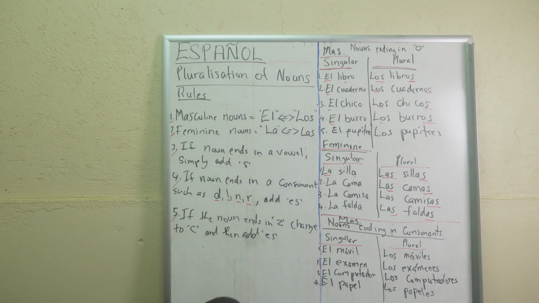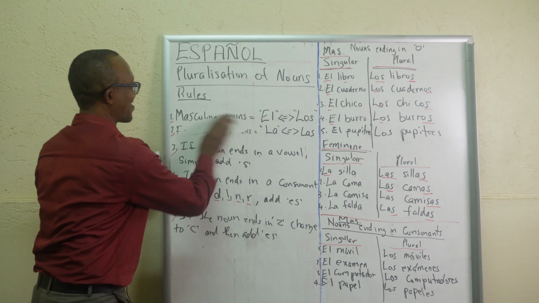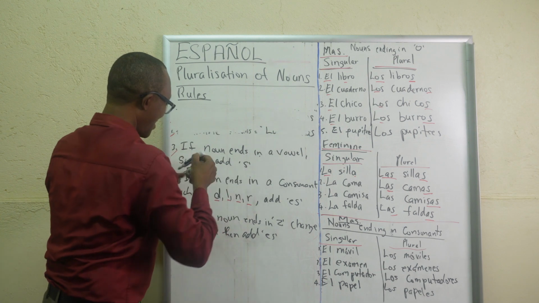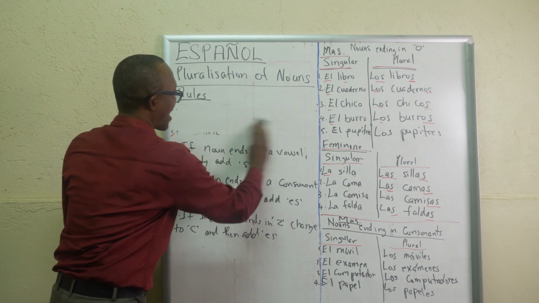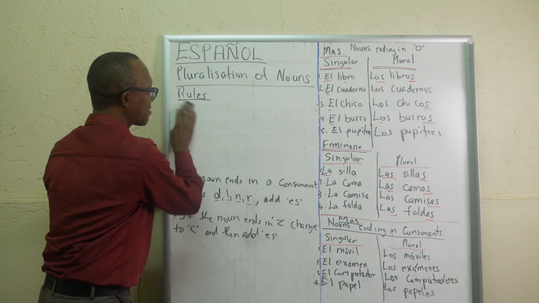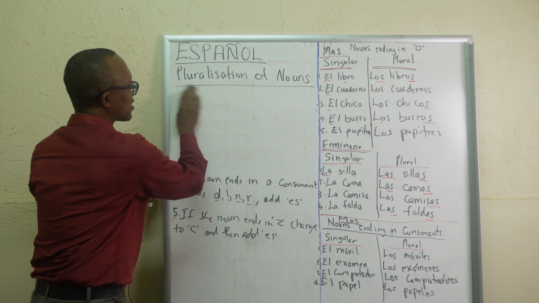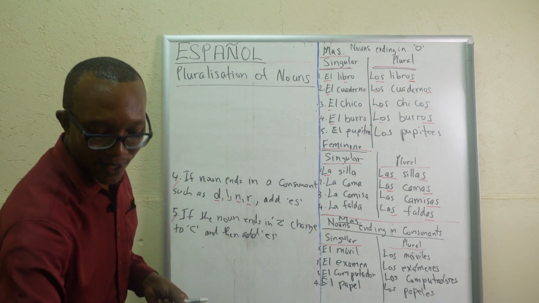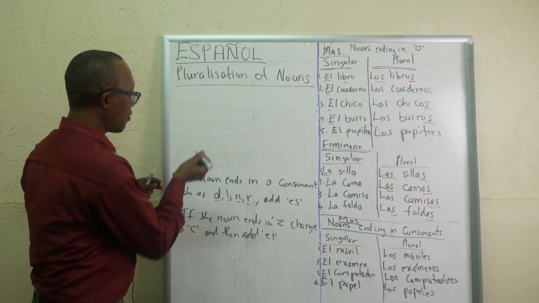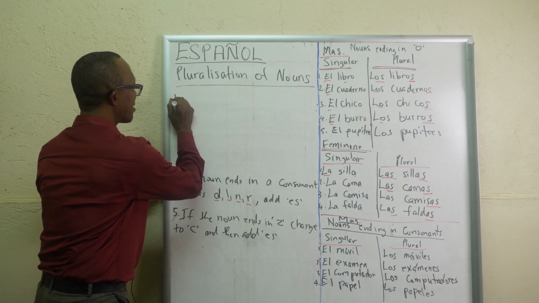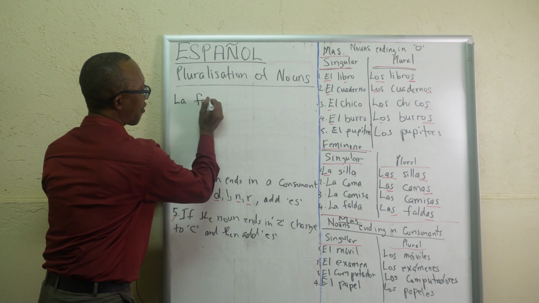What about the one with Z? Sorry for that. Yes, my marker fell. El marcador cayó. You learned a tense a while ago, cayó. So that means it fell. So we have el papel. What about this feminine noun, la flor?